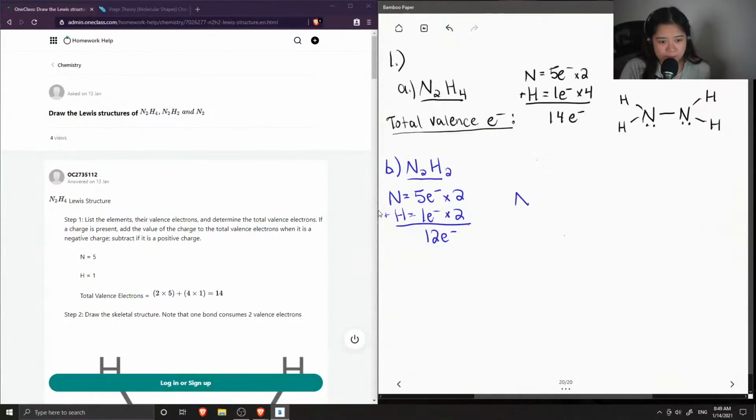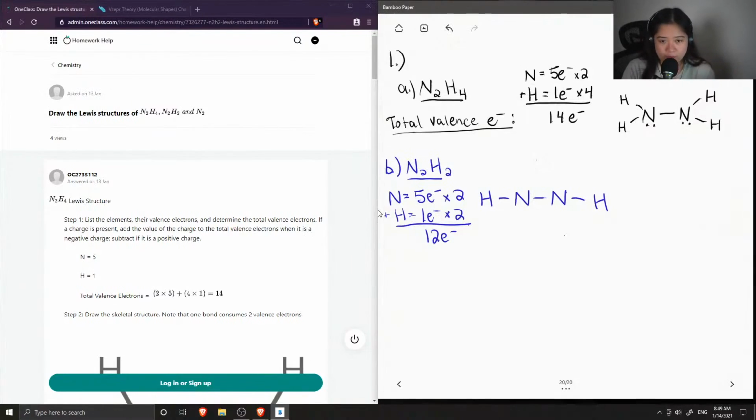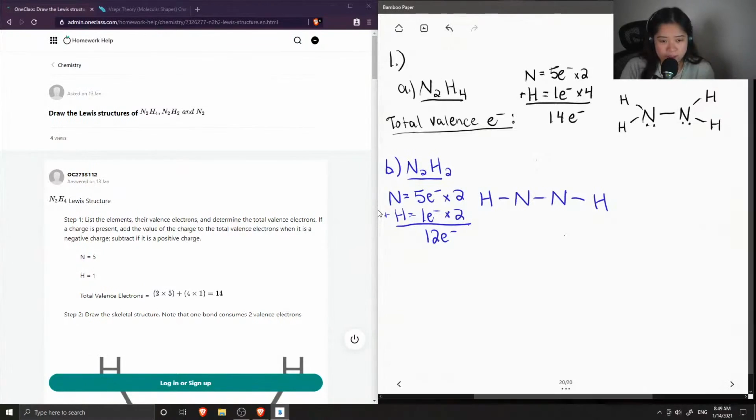And again, we're going to start off writing our 2 nitrogens, and then a single bond to each of the hydrogens. So notice that our nitrogens don't have a full octet yet, so I'm just going to draw an extra bond before writing down my lone pairs.